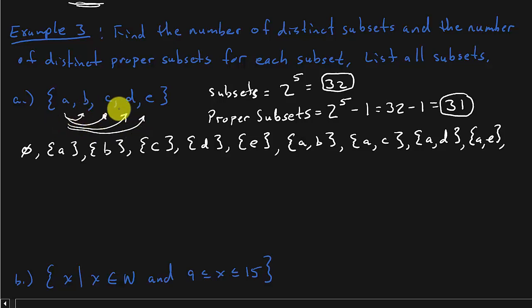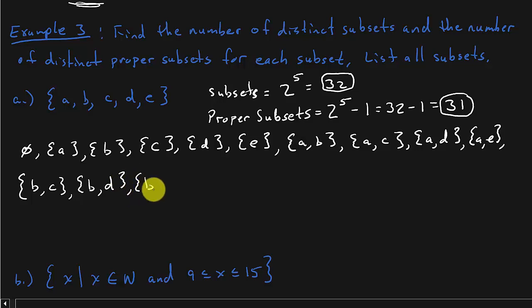See, AB, AC, AD, AE. All right? And then what I'll do is I'll take the B and pair it with each one. So B, C, B, D, B, E.